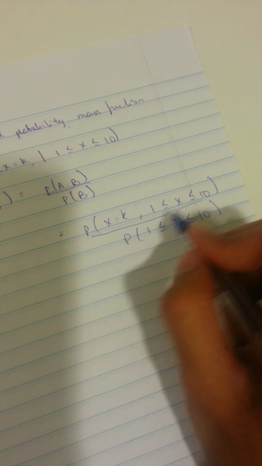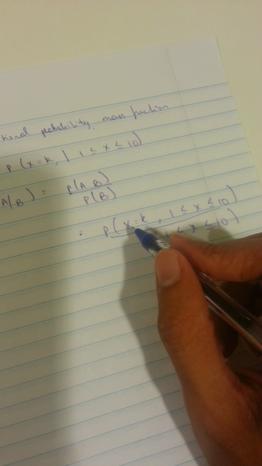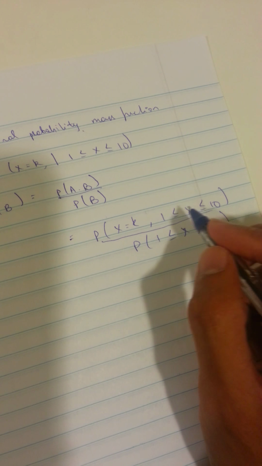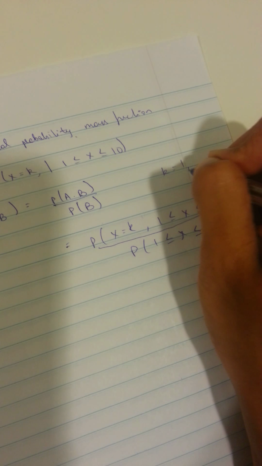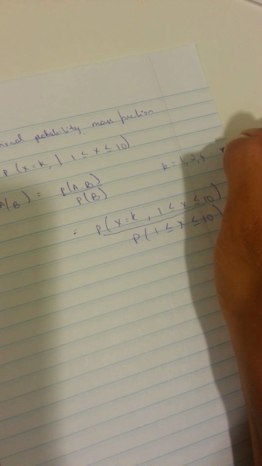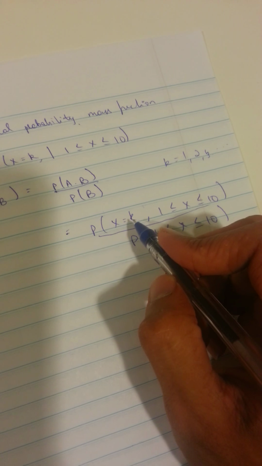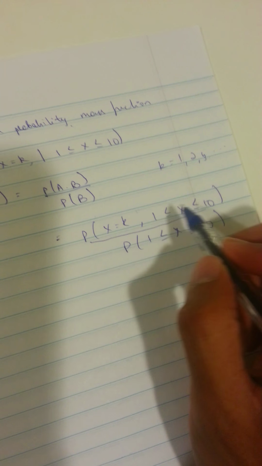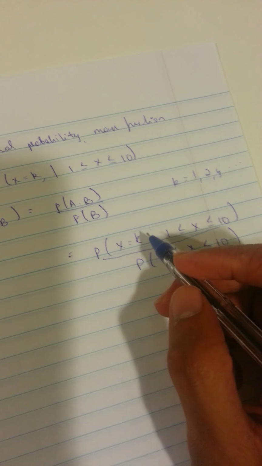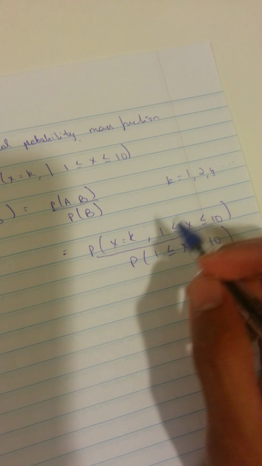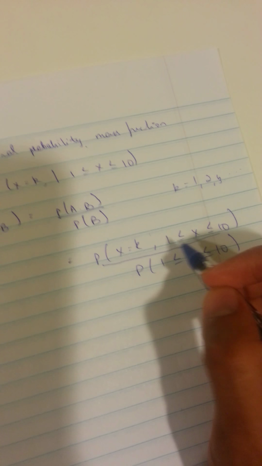So finding the intersection of this, we get when X is equal to k and when X lies between the range 1 to 10. We know that k ranges from 1 to infinity, 1, 2, 3, 4 up till infinity. So the intersection of probability of X is equal to k and X lying in this range, because we know that k can take any value from 1 to infinity, and immediately we have the delimiting range of 1 to 10.